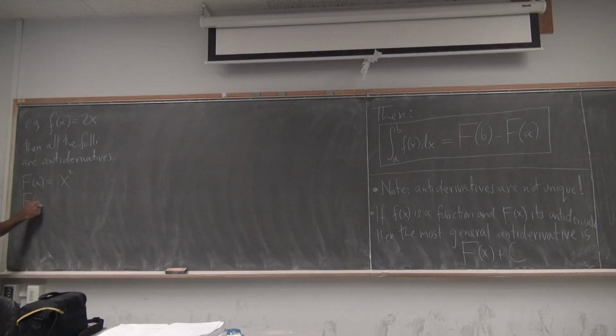I can have big F of x equals x squared plus 1. I can take big F of x equals x squared plus 17. I can take big F of x equals x squared literally plus any constant, right? These would be antiderivatives because if I take the derivative of these guys, I get that guy, right? I can have an infinite number of antiderivatives.